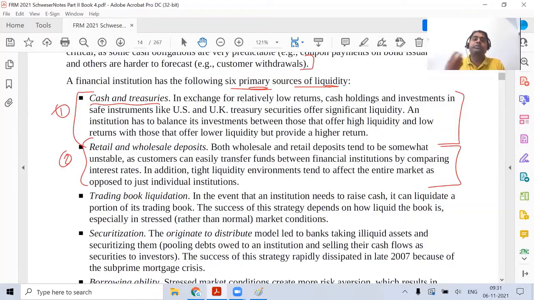If I have money in my bank account, I might not go and remove it fast, I might not change banks fast. Wholesale deposits means companies keeping cash in their current account, which can also be used by the bank as a source of liquidity. Kindly read the first 2 points.